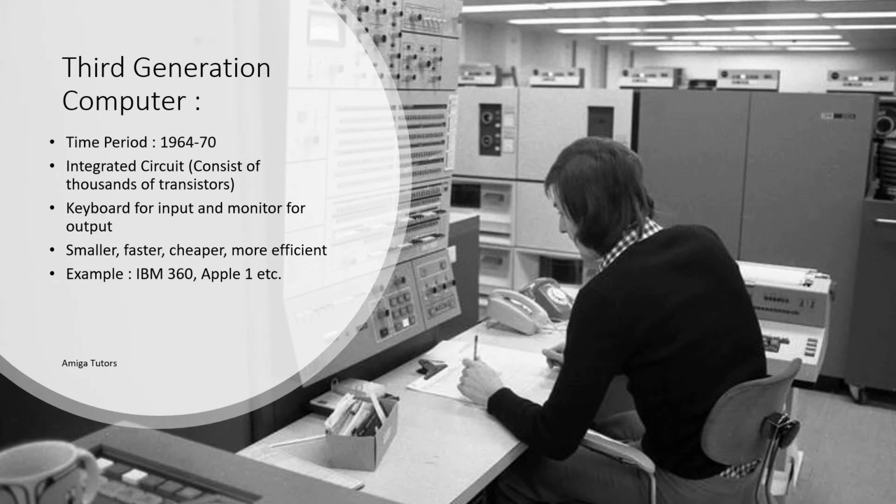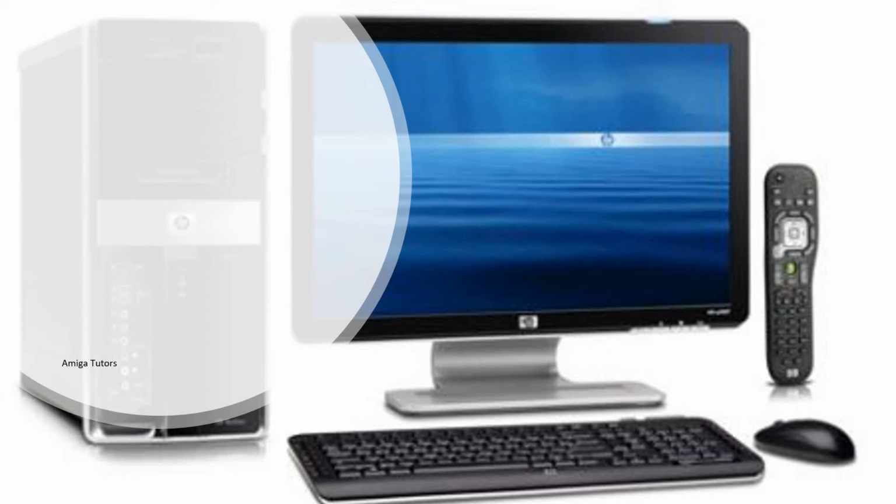The keyboard which we use now was introduced in 1964. The keyboard was used for input and the monitor for output. It was smaller, faster, cheaper, and more efficient than the second generation of computers. Examples: IBM 360, Apple I, and more.